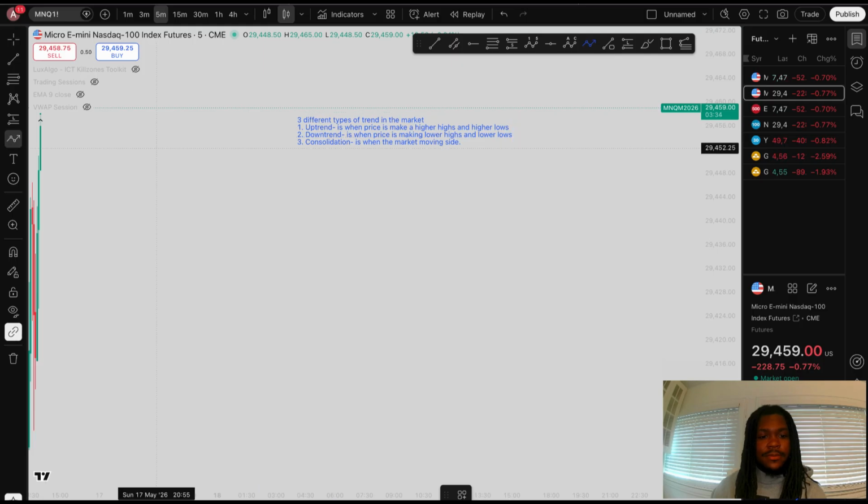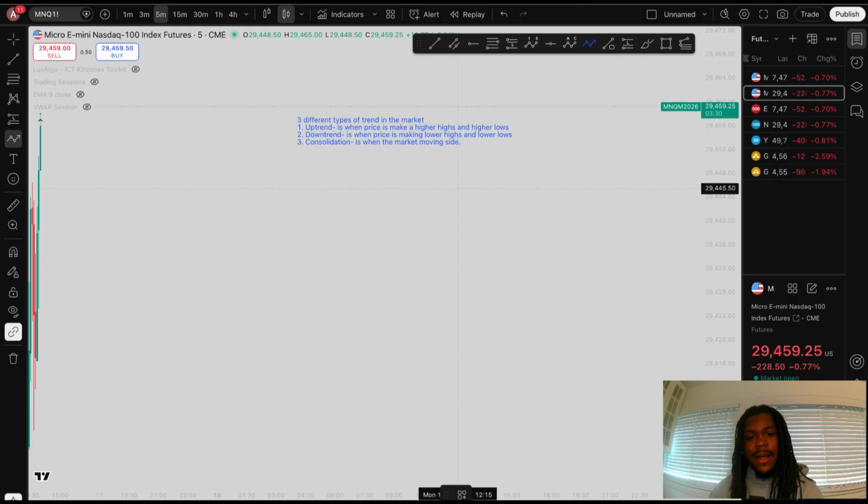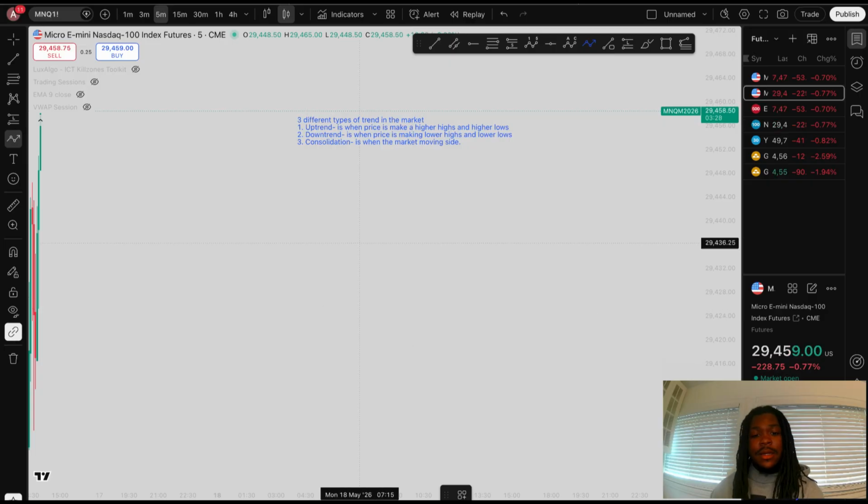So the uptrend is when price is making higher highs and higher lows. That looks like this. Have price make a high, and it makes a low. Then it comes up and goes higher than that high. Then this low is higher than that low.